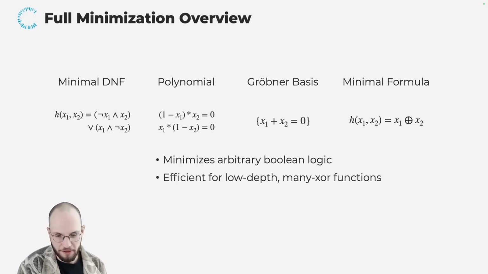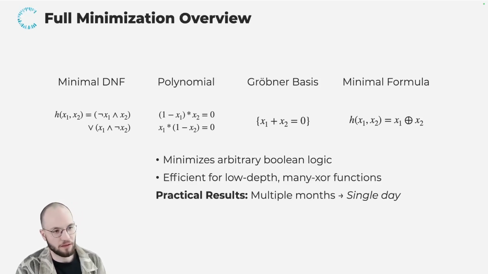So this is not an approach that generally is efficient, but one that works very, very well for what we are doing. And this is functions that have a very low depth and contain many XORs. And this makes minimizing these functions practically feasible. Whereas before it took multiple months, this can now be done in a single day.